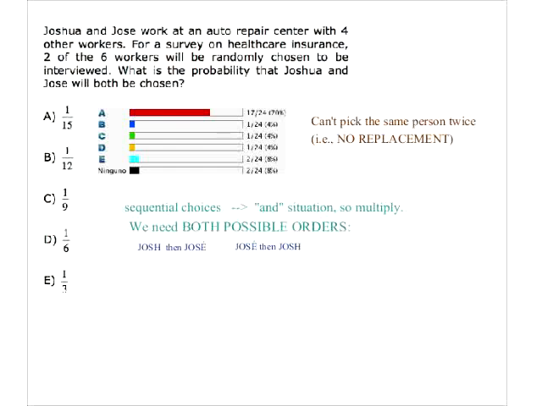Okay, probability of Joshua then Jose: there are 6 people, so the probability of getting Josh first is 1 out of 6, and then the probability of getting Jose after that is 1 out of 5. Then Jose first would be 1 out of 6, and Josh 1 out of 5.